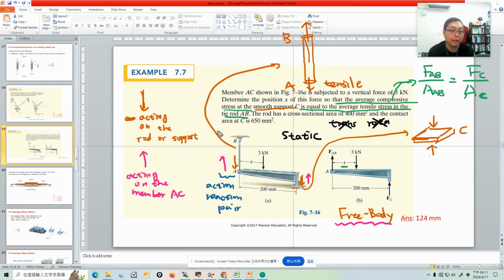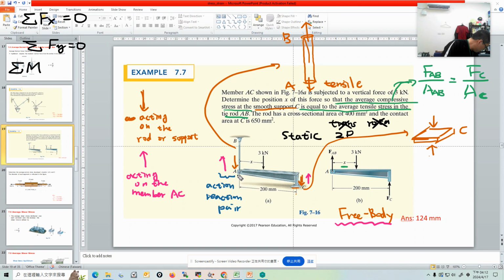This problem is a 2D problem, so sigma Fx is equal to 0, and sigma Fy is equal to 0, and the total moment of the system is 0. Which reference point should we choose? Let's choose C as the reference point.